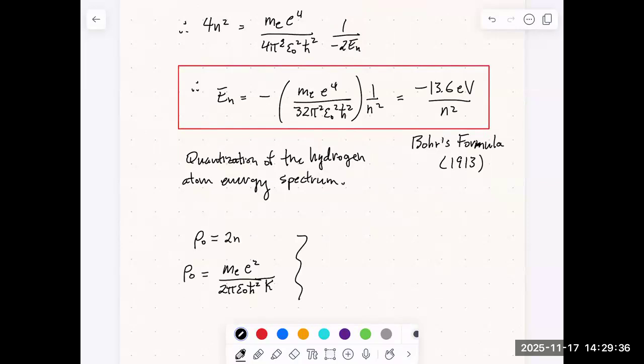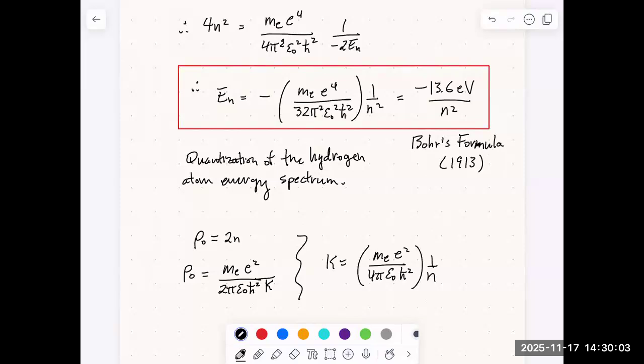All right. So kappa is me squared. Let's see. We have a 2n here. So the 2 pi times the 2 becomes a 4 pi. So we get a 4 pi epsilon naught h bar squared. And then we multiply by kappa, divide by 2n, we get a 1 over n here.